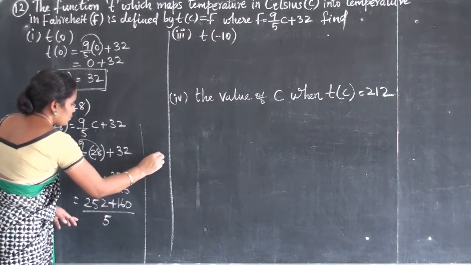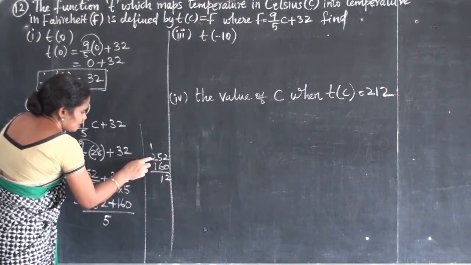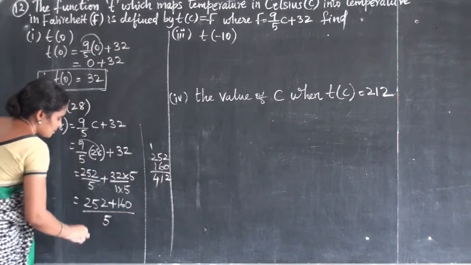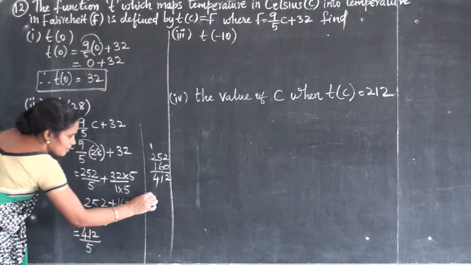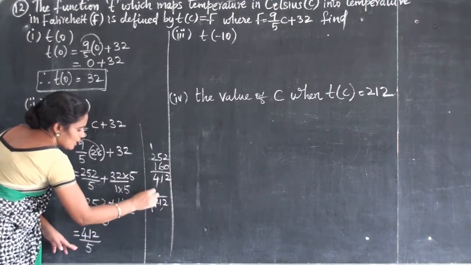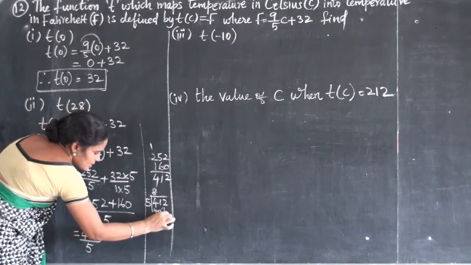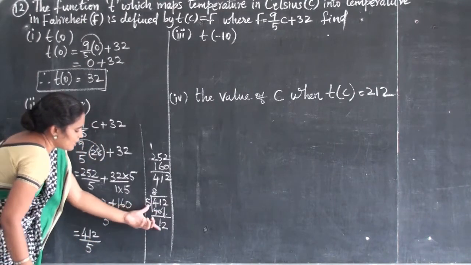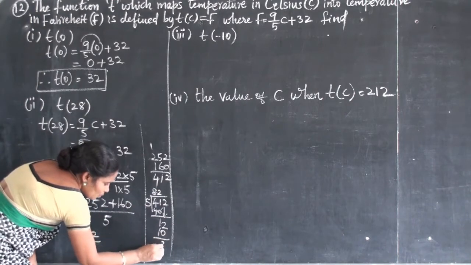So add 252 plus 160, that is 412 by 5. Divide 412 by 5. 8 5s are 40, remaining 1. Take the next number, that is 12. 5 2s are 10, remaining 2.